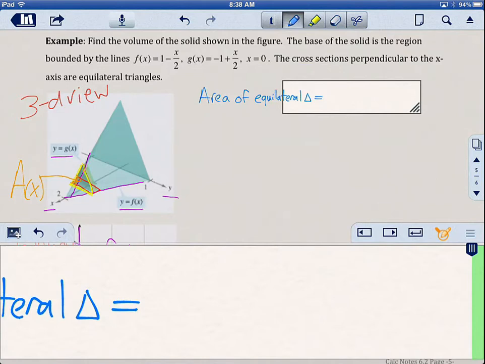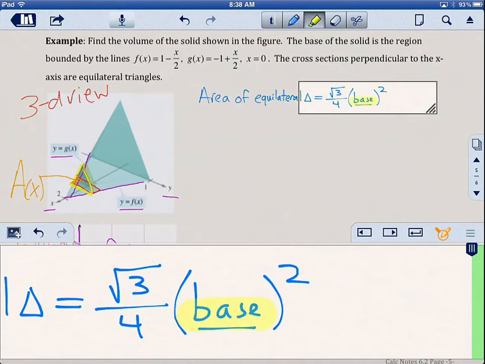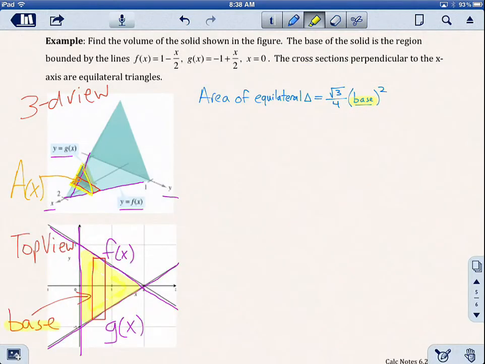And you don't have to really memorize this, you can just reference the formulas in the back of your book, but it's going to be the square root of 3 over 4 times base squared.